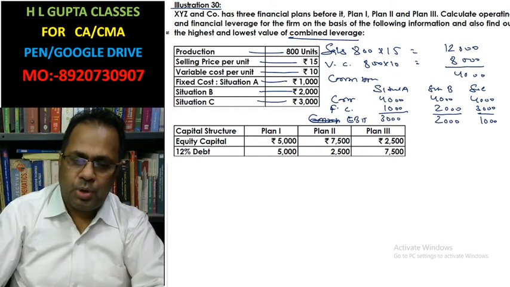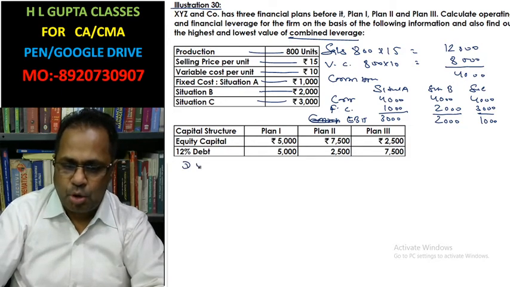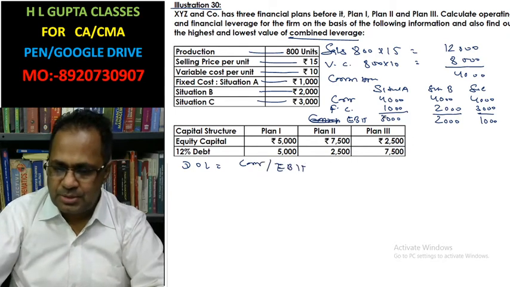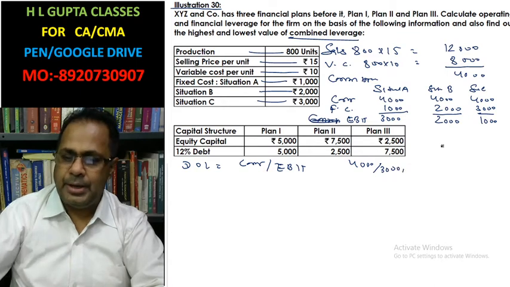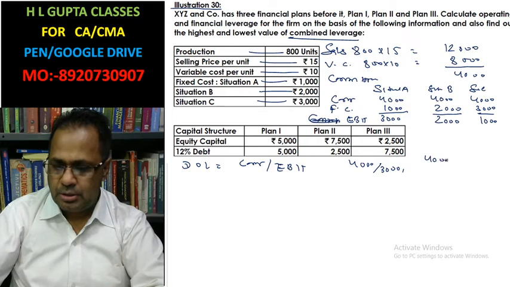Now you have to calculate the degree of operating leverage. Formula is contribution divided by EBIT. In situation A, contribution is 4,000 divided by 3,000. In situation B, 4,000 divided by 2,000.